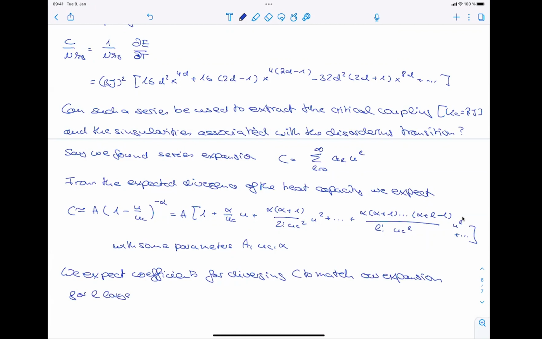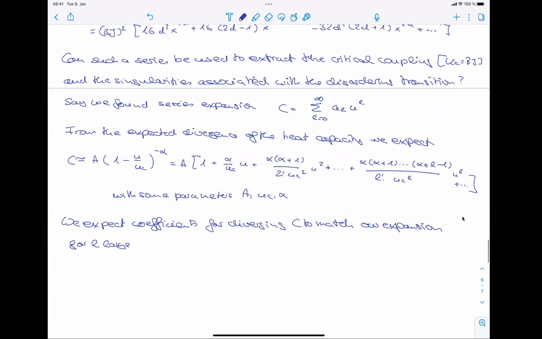And so what we can do is consider the ratio of consecutive orders.